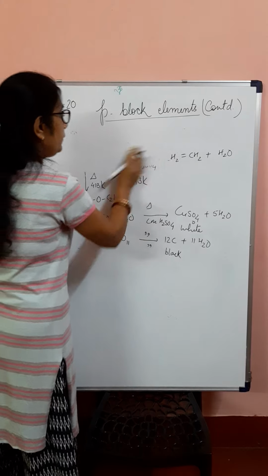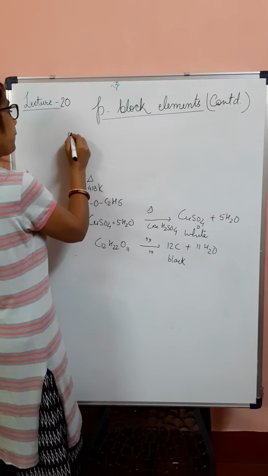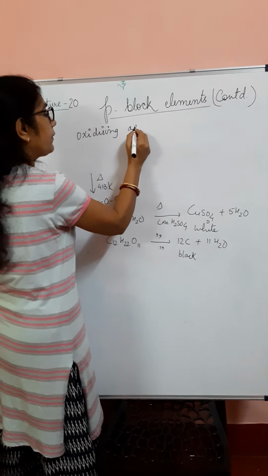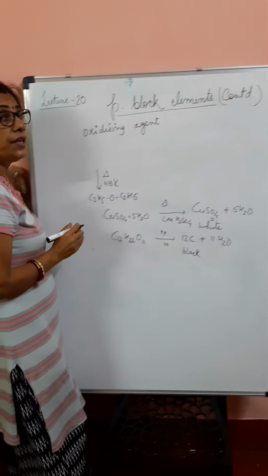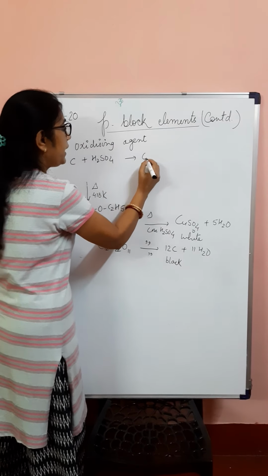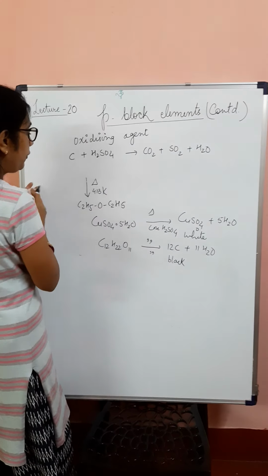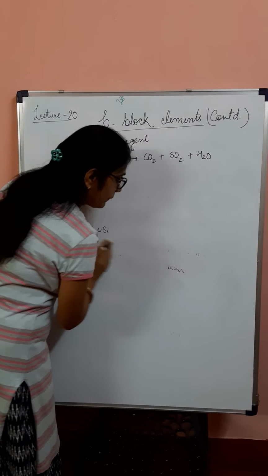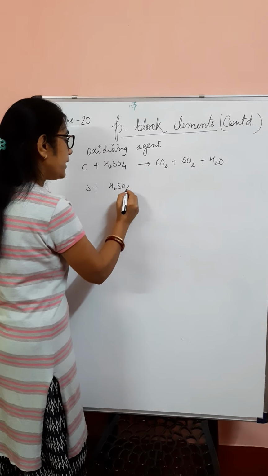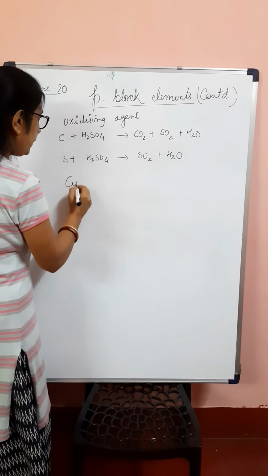And let's see some of the oxidizing behavior also. Oxidizing agent: carbon, when it is treated with concentrated sulfuric acid, sulfur with concentrated sulfuric acid, copper.